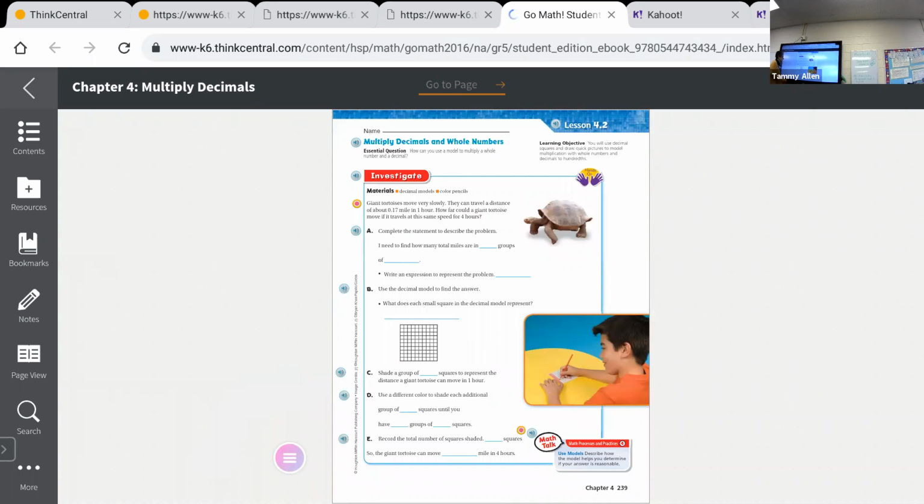Here we go. 239. On 239, as we take a look at that, we're going to take a look at being able to draw a picture of this and being able to show how we come up with groups of decimal values. We know how to draw decimal values in a 10 by 10 grid because we know each of those boxes represents how much?